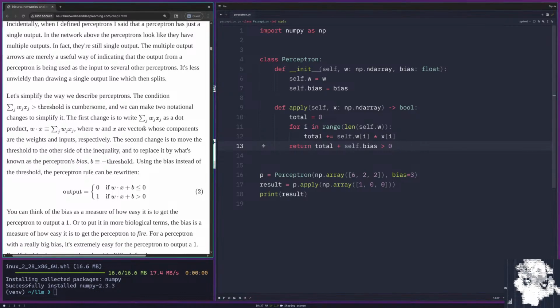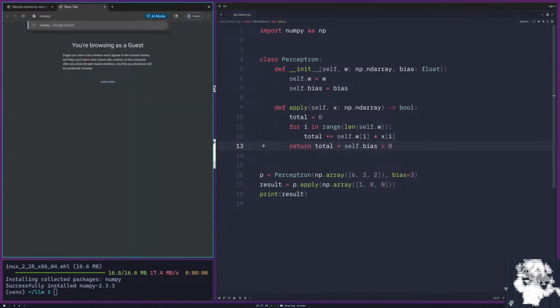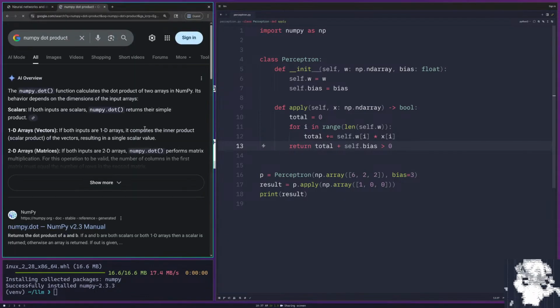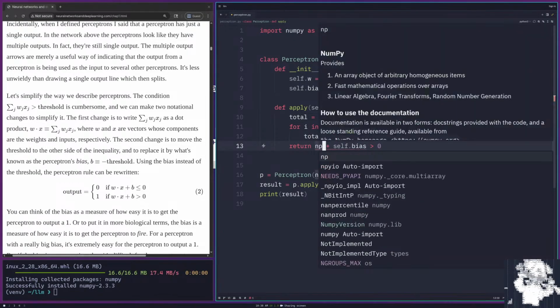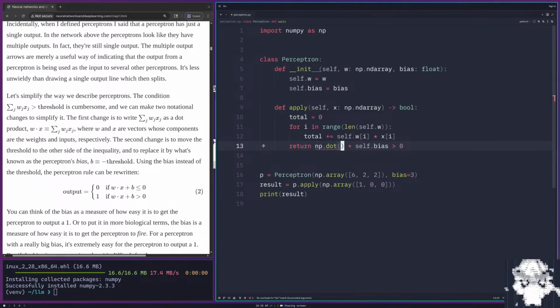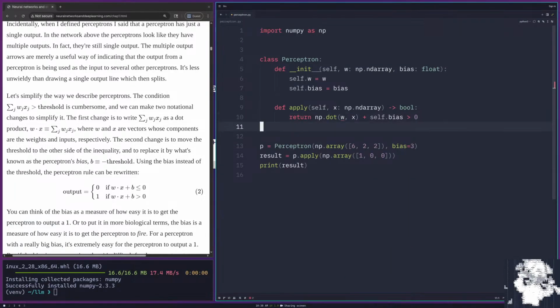Now we want to use a dot product. So NumPy dot product, how do you do that? np.dot. Cool. So instead of doing all of this stuff, we're just going to do np.dot of self.w and x. Now, are we getting the same results as before?